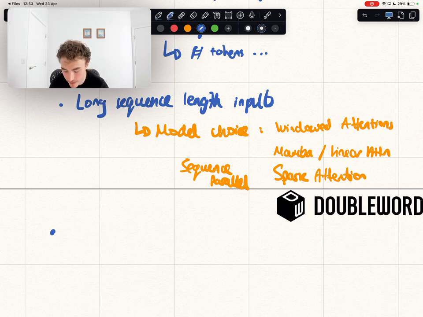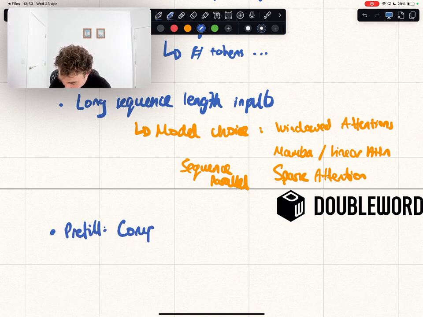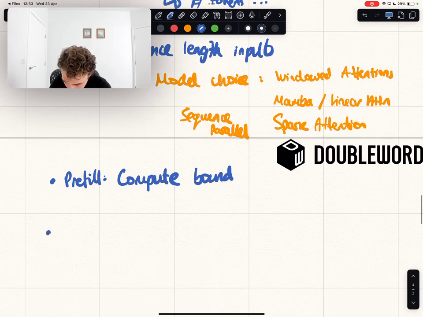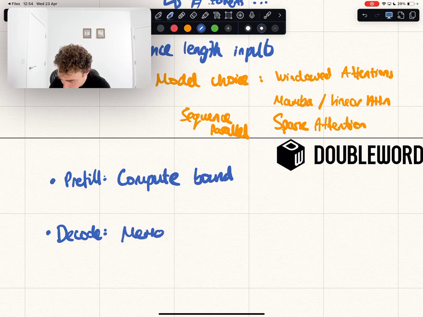Prefilling and decoding have very different computational profiles. Processing the prompt, the prefill stage, is compute bound, and generating the output tokens, the decode stage, is memory bound.